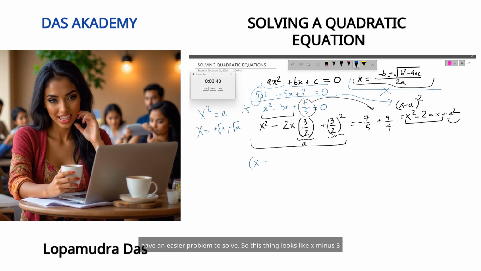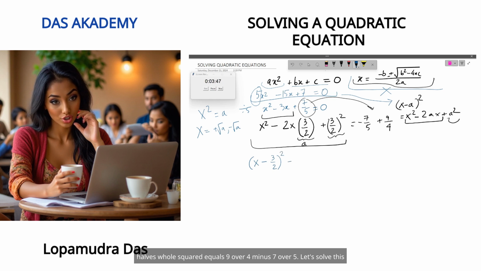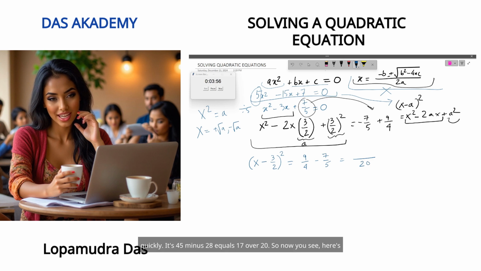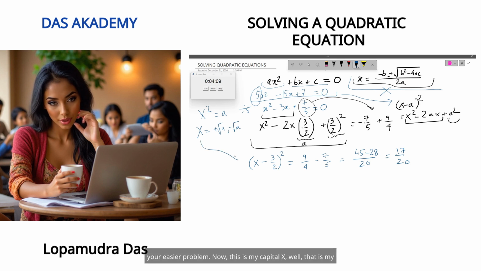So this thing looks like x minus 3/2 whole squared equals 9 over 4 minus 7 over 5. Let's solve this quickly. It's 45 minus 28 equals 17 over 20. So now you see, here's your easier problem.